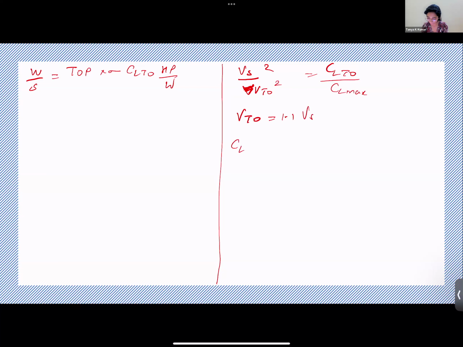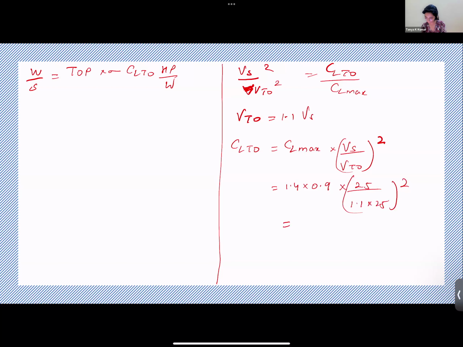So now if you substitute all the values, you get CL takeoff is CL max into V stall by V takeoff square. So CL max is 1.4 into, there's a factor there, 0.9, into 25 by 1.1 into 25 square, and you get around 1.04. Now you plug that into this equation.